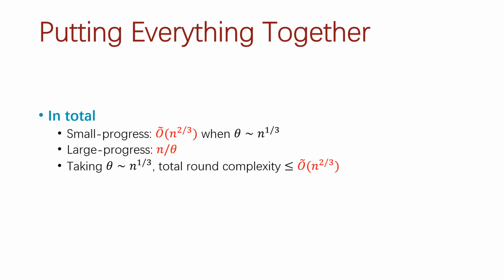Recall that the small progress rounds are defined as the rounds where m increases by less than delta. The number of other rounds, or say large progress rounds, is clearly no greater than n over theta. So if we take theta to be n to the 1/3, the total round complexity of our algorithm is upper bounded by n to the 2/3.